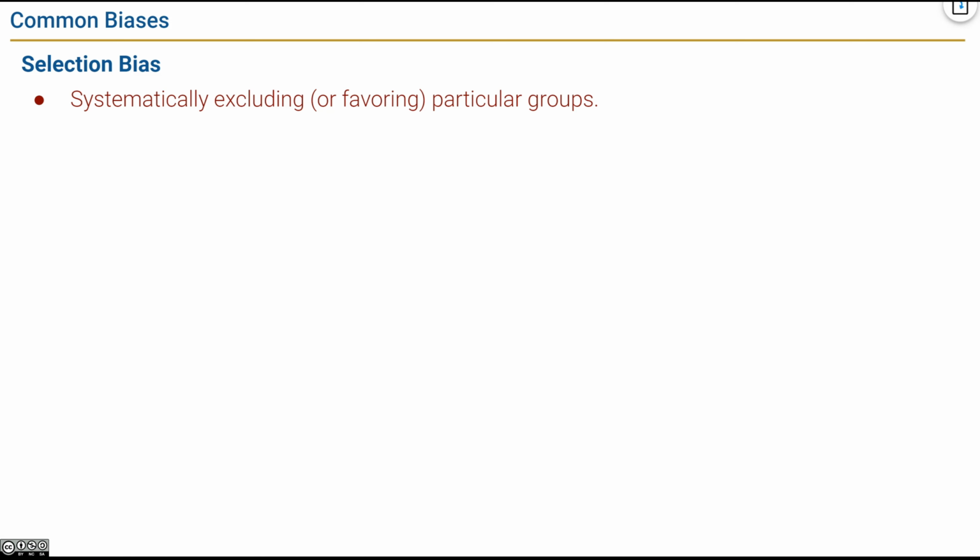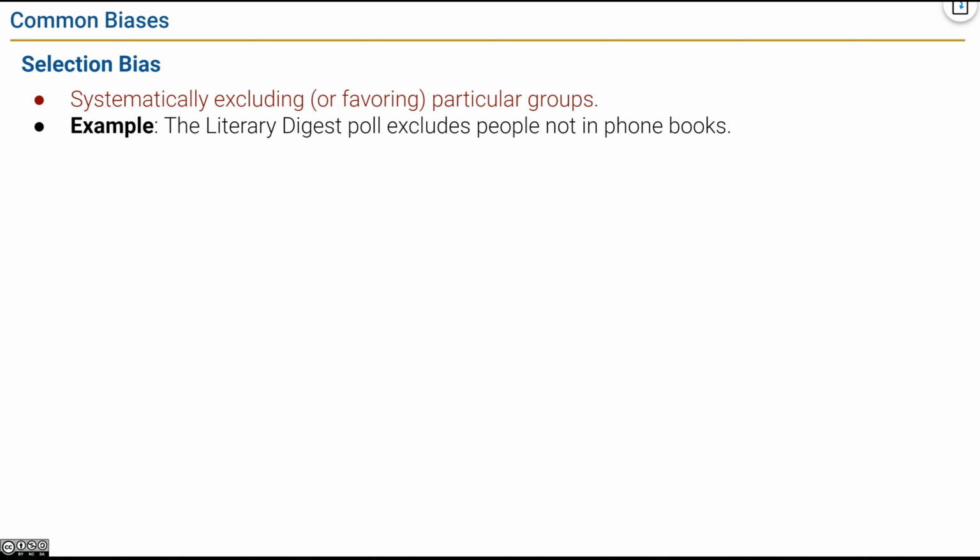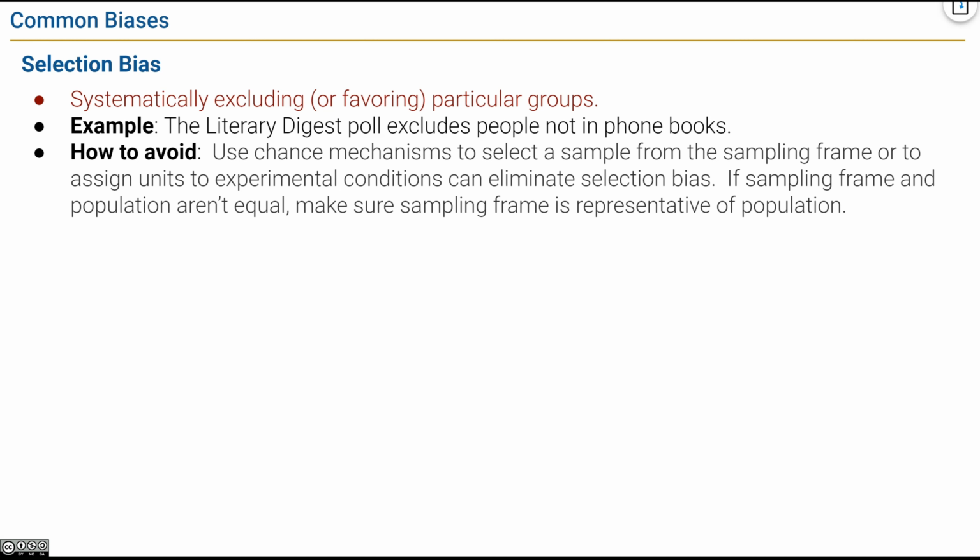So let's review some common biases. The first is selection bias. This is when you end up systematically excluding or favoring particular groups. This happened in the case of the Literary Digest poll. It can happen when your sampling frame is not representative of your population, or it's not exactly equal to your population, or when you use a sampling method that doesn't have random chance mechanisms to ensure that you're getting a random representation.